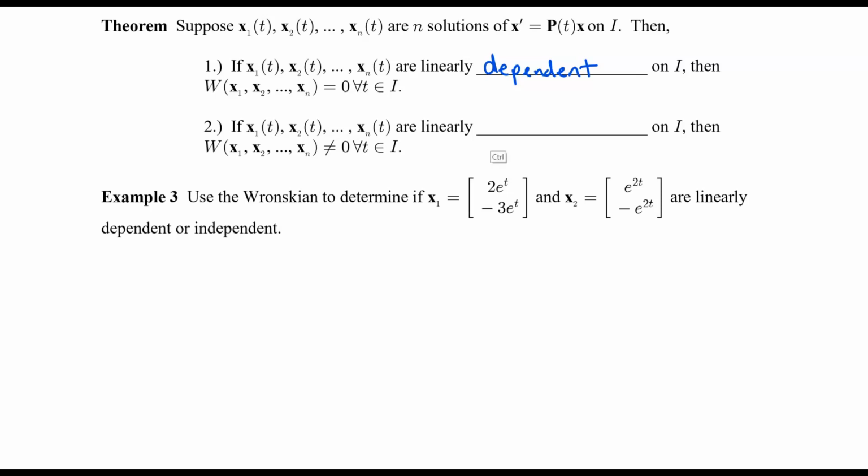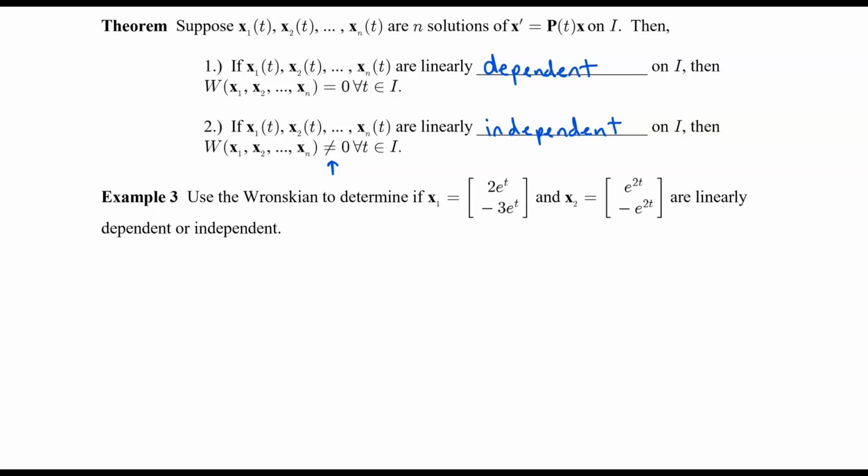If those functions are linearly independent, then the Wronskian is not equal to 0. That's how I like to remember it. Equal to 0, it is dependent on 0. Different from 0, it is independent of 0. So we will tie linear independence in with a linear combination, or the superposition principle, to conclude eventually that we have a general solution. For now, let's get to know the Wronskian for a system.